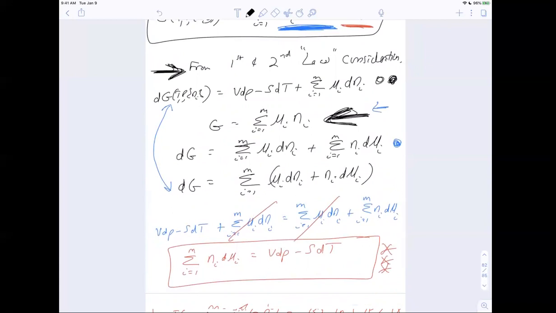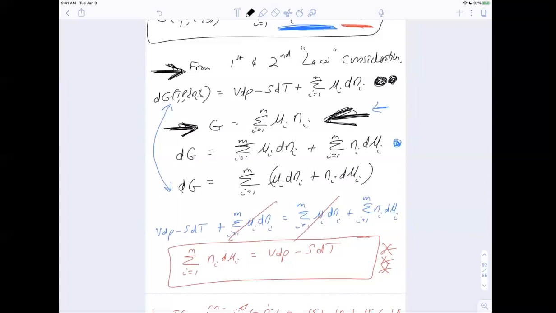And then we also saw that we can write G as the sum over all species in a system of mu sub i times n sub i.